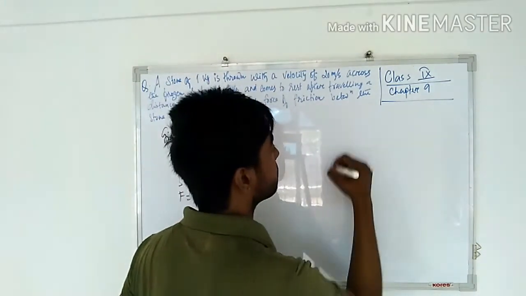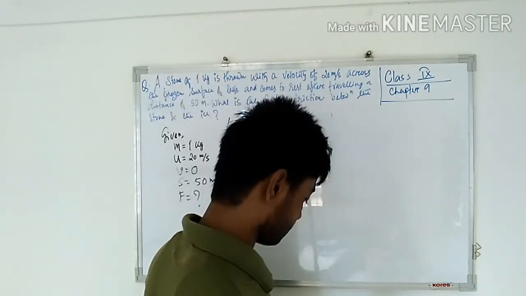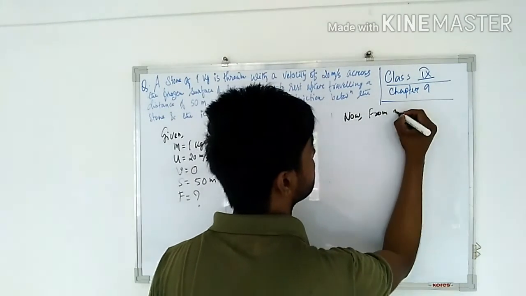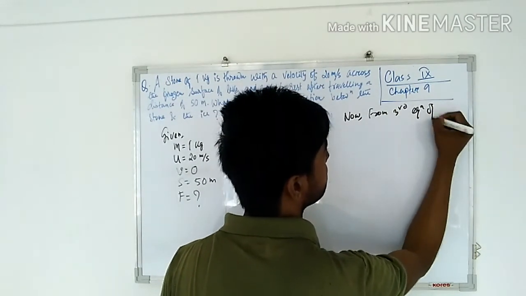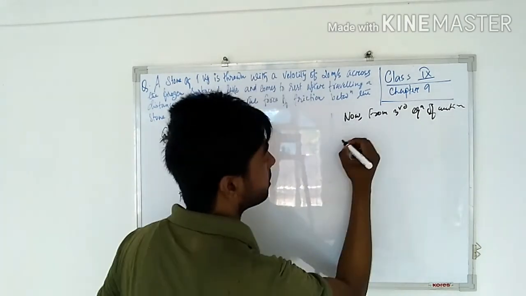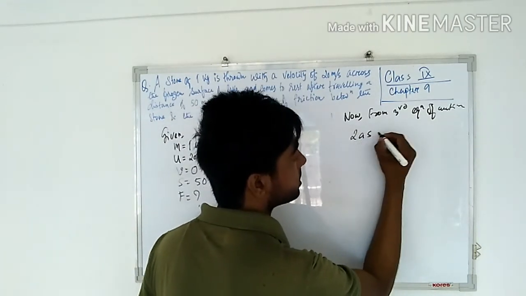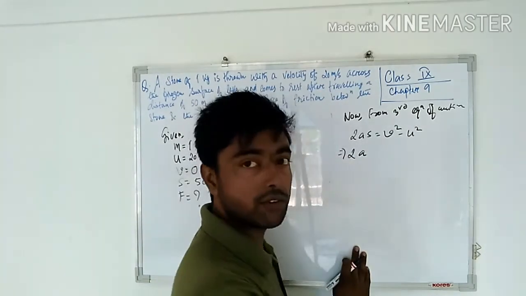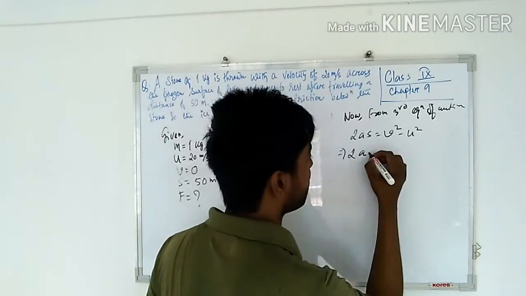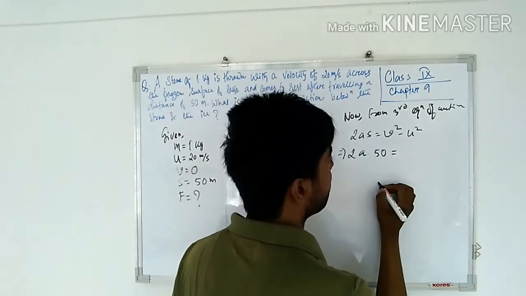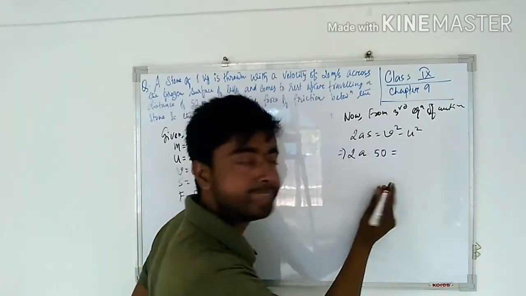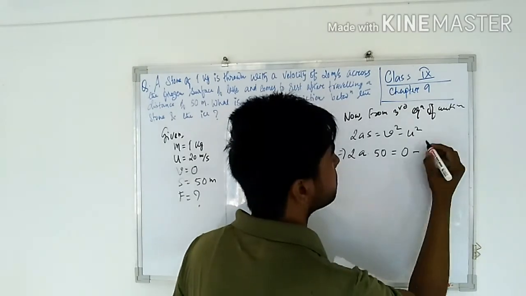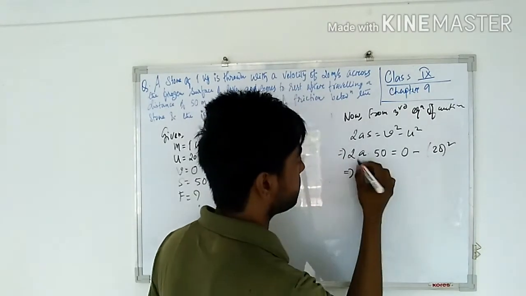So now, from the third equation of motion, 2as is equal to v square minus u square. 2a, we need the value of acceleration a, s value given 50 meter, v value 0 minus u value how much? 20. So 20 square.